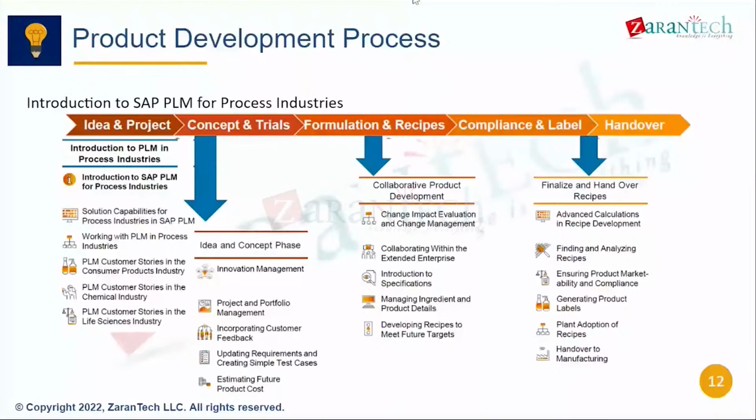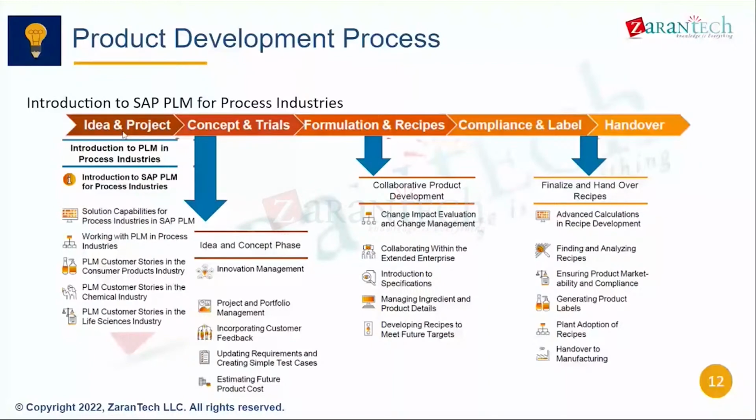Here you can see that this is the introduction to SAP PLM for process industry, and these all are the components within each phase. You can see that in each phase, what different activities come within each block.